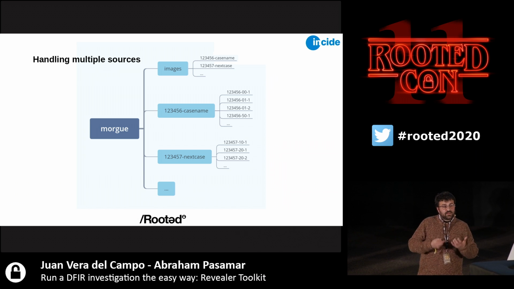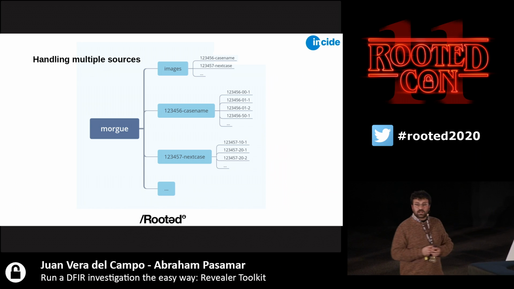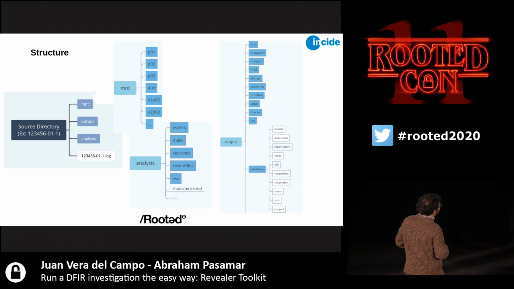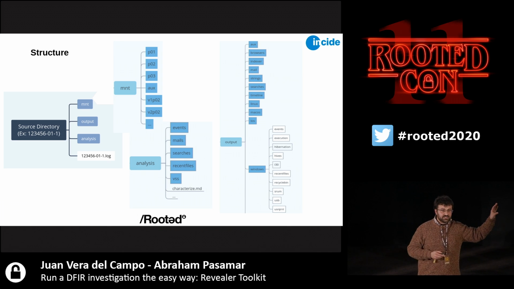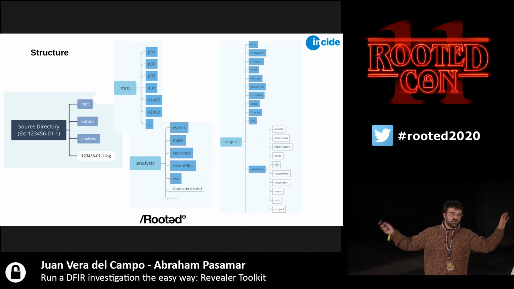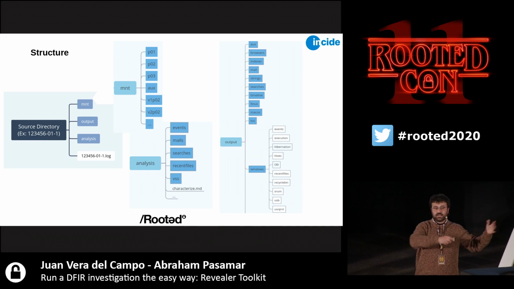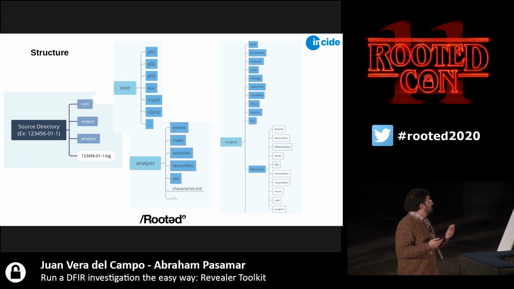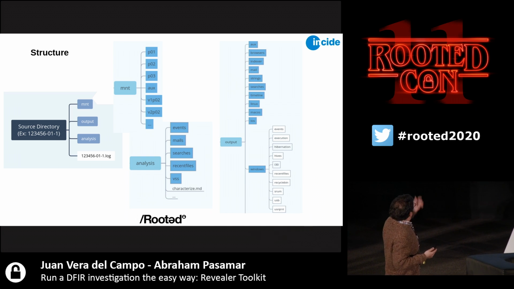Although the output is highly structured, it is configurable enough in order to adapt to the different situations that we have in the case. So once we are in the case, we have a folder structure or a source directory. This is the organization that is useful for us.